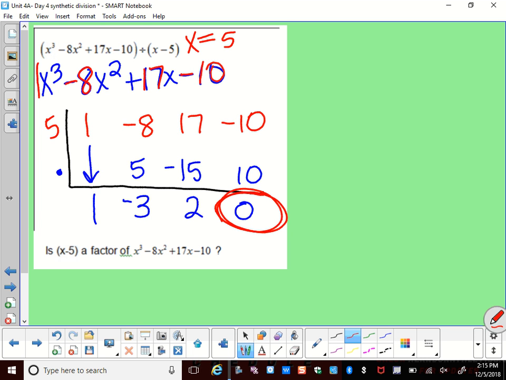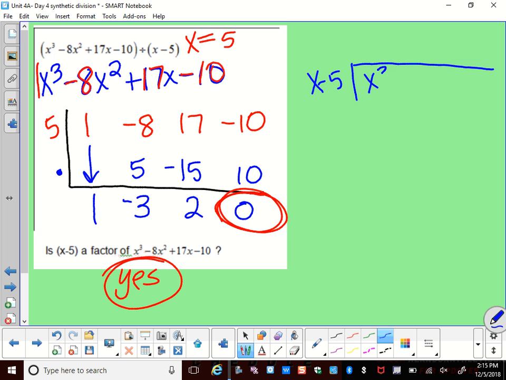So is this a factor of this? My answer is yes. This way looks weird, but it's super, super easy compared to doing it the long way. The long way would be x minus 5 divided by x cubed minus 8x squared plus 17x minus 10.